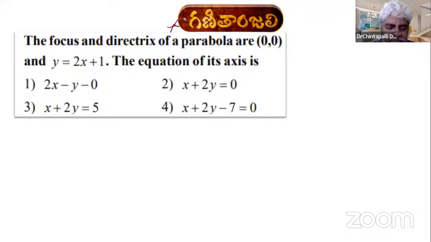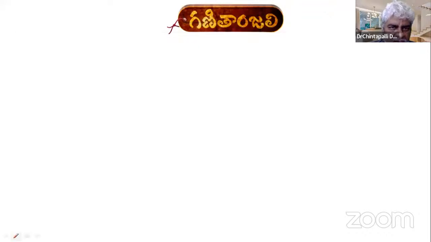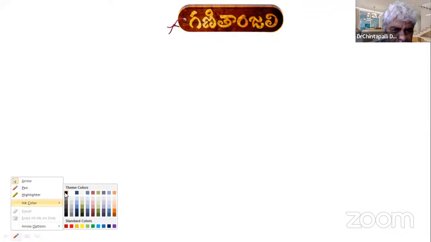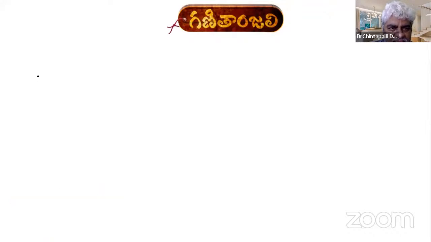See here, the graph, x-axis, y-axis, origin.